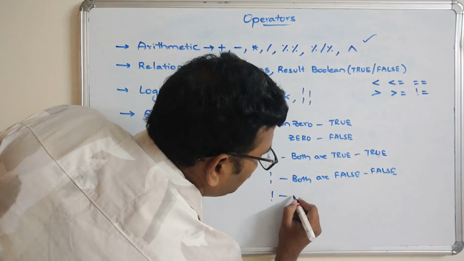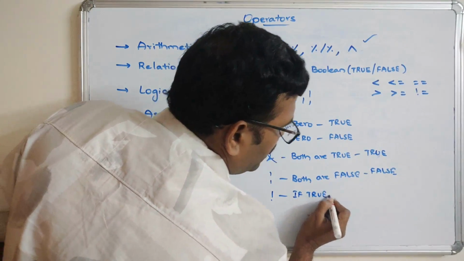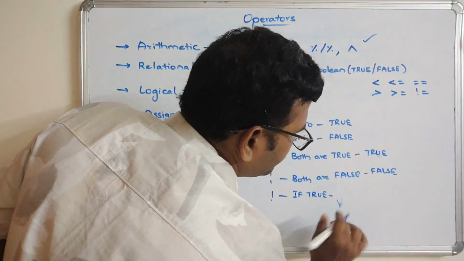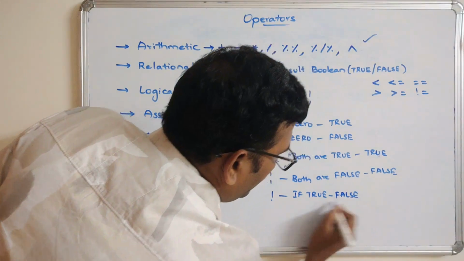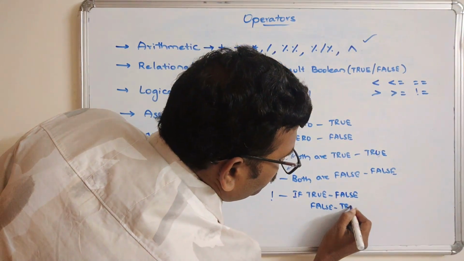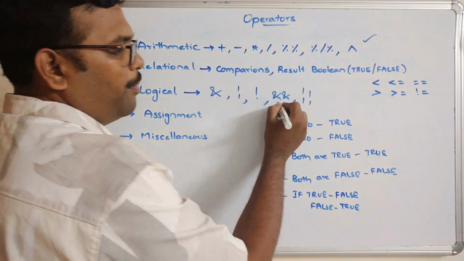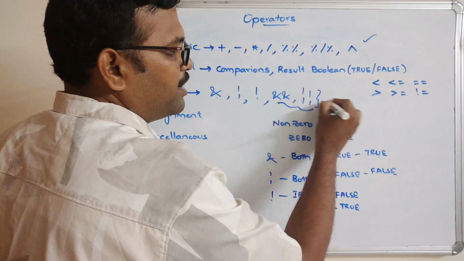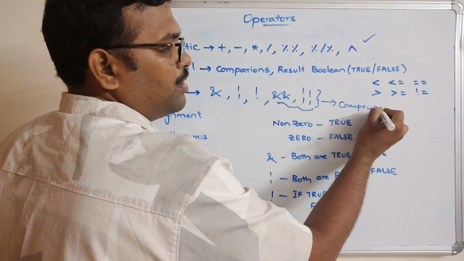And NOT: if true, it will return false, and if it is false, it is true. And these two operators will be used in compound conditions.